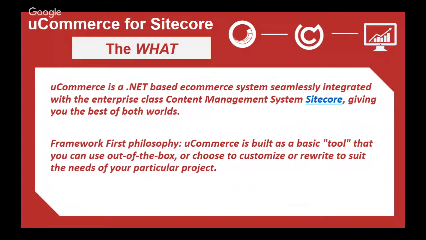So I think this one is a plus for them, and it uses a framework first philosophy. What does that mean? The framework that is used, the actual APIs that the uCommerce team used to build the entire uCommerce platform, can be used directly by developers. So you can just go ahead and extend any of these APIs, let's say do a certain customization, change the entire process at ease without the need to contact uCommerce and say, guys, I have this change and the customer now doesn't want the price information to be within products, they want to get it from a third-party solution.